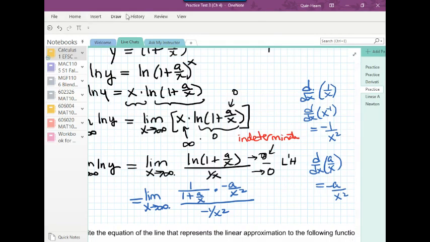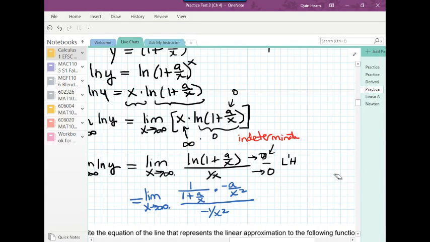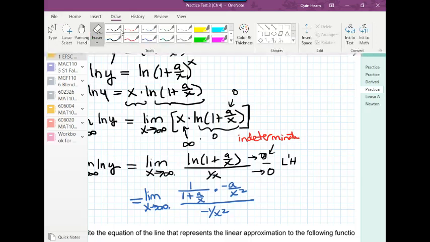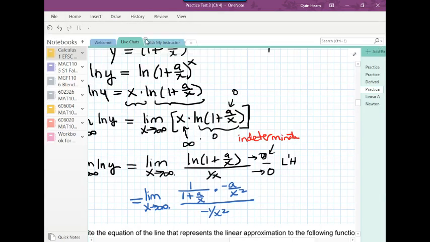Remember, that's the derivative with respect to x of x to the negative 1 power. So you would bring the power up front and subtract 1 from it. So that's going to be negative 1 over x squared. Negative x to the negative 2, or in other words, negative 1 over x squared. And if that had been a over x, which we're also going to have to do, no matter what a is, we would get negative a over x squared.